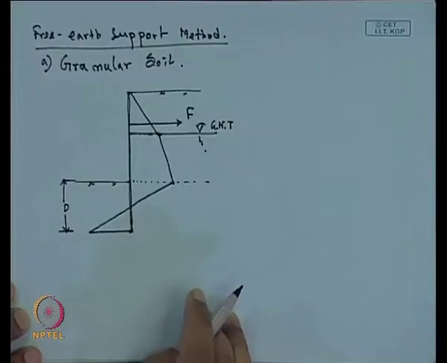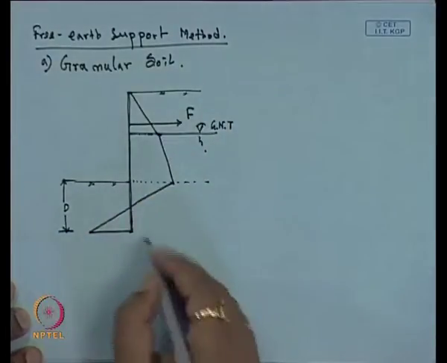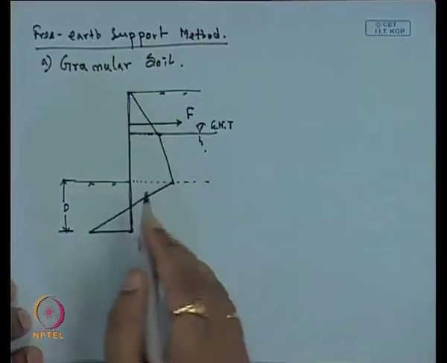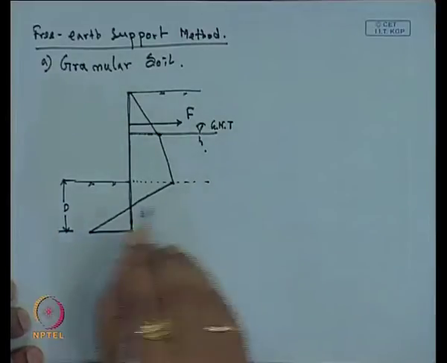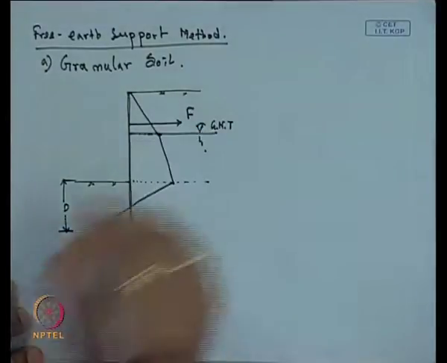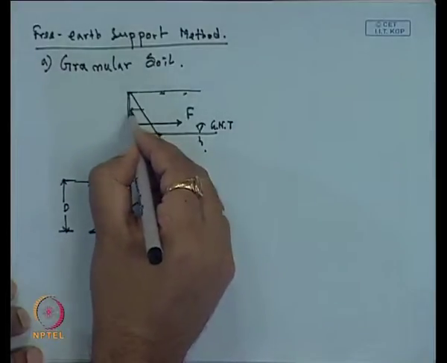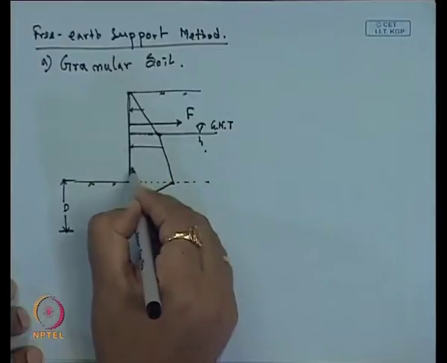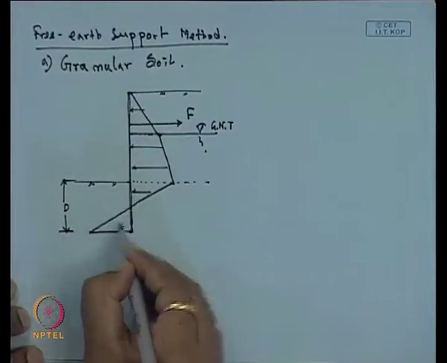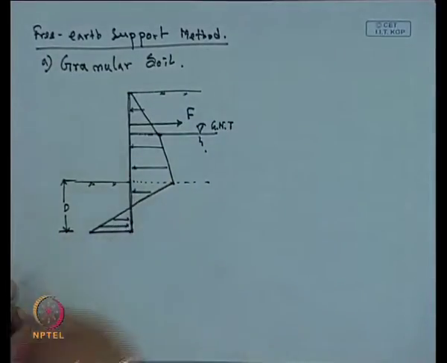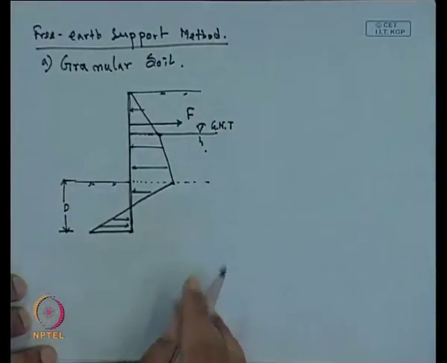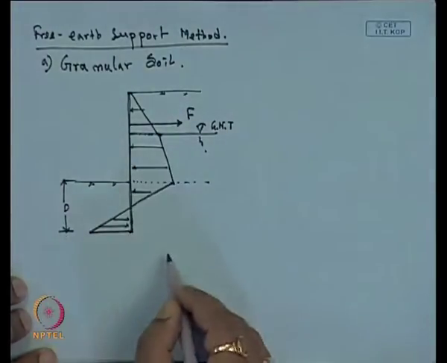This is the earth pressure diagram corresponding to the active-passive combination. Here F is applied, then this force will act in this direction and this will act in the opposite direction. So, this is the earth pressure diagram of the sheet pile.